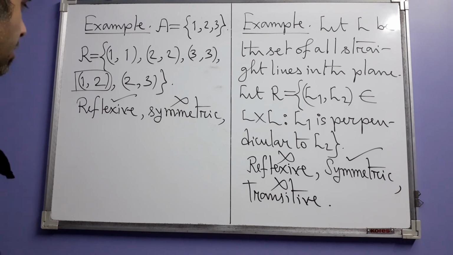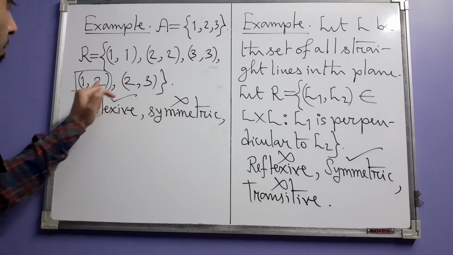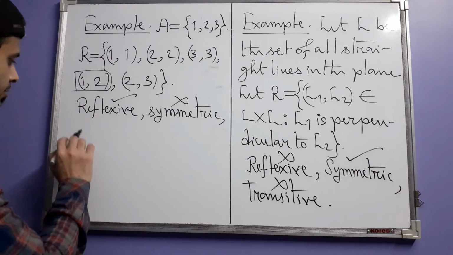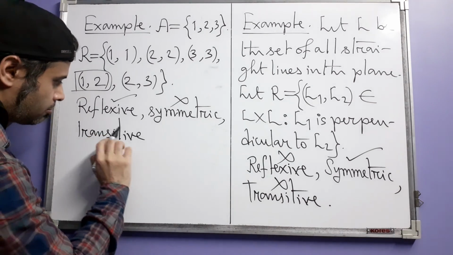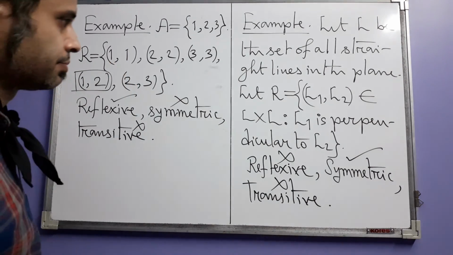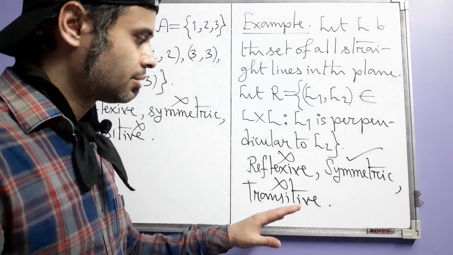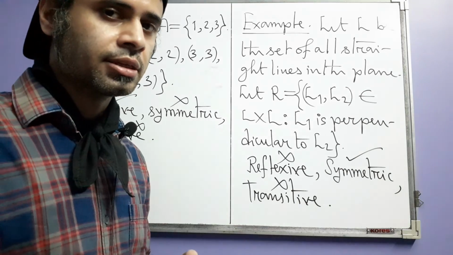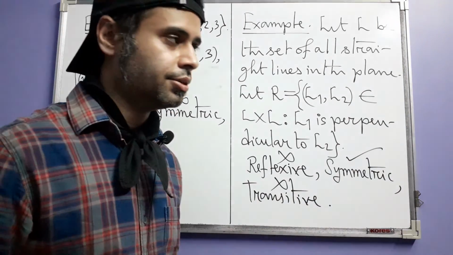No, that also fails, because 1 comma 2 and 2 comma 3 belong to R, but 1 comma 3 cannot be found. It's not there in R. So it's not transitive. There are other examples also which are much more important than these preliminary examples. That, however, we will discuss in the next video.